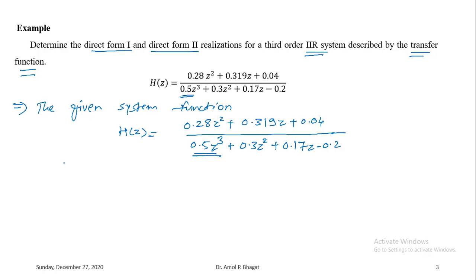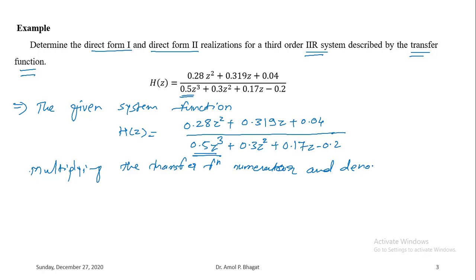By multiplying the transfer function or system function, numerator and denominator, by 2z raised to power minus 3, what will we get?